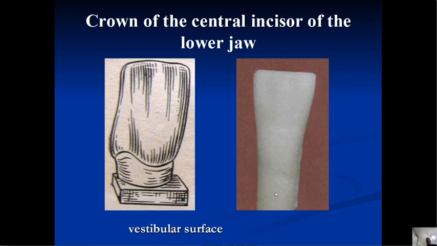Next one. Lower jaw, central incisor. You can look in your mirror at home, and you can see that this is a unique tooth, because except wisdom teeth, this is the only tooth which contacts only with one opposite tooth.